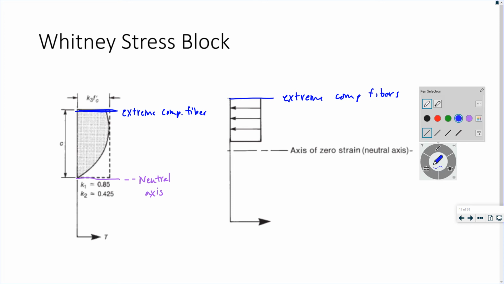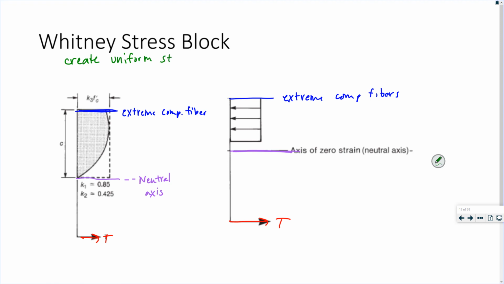Down here we still have our steel as our tensile force. There's my neutral axis here. This is how the Whitney stress block is used to create a nice uniform stress distribution rectangle.